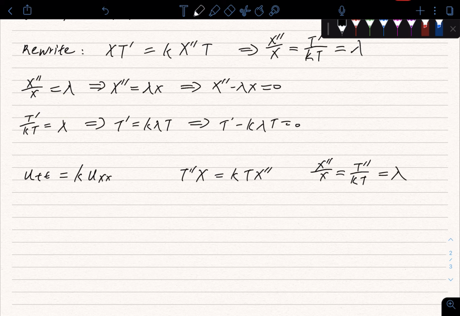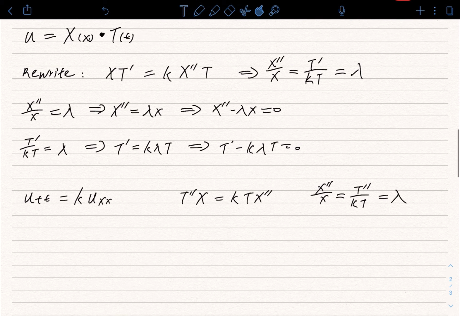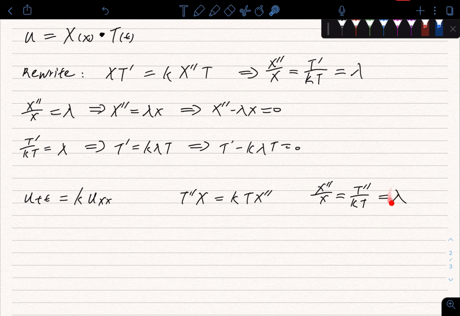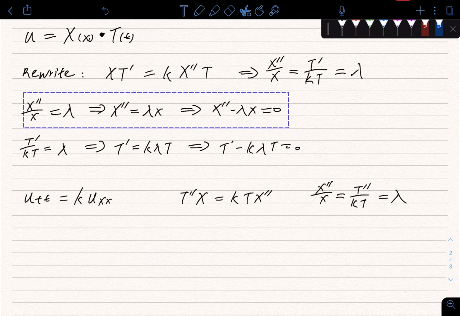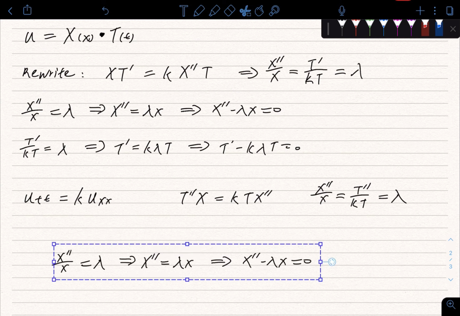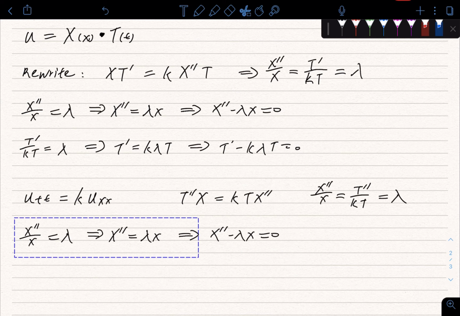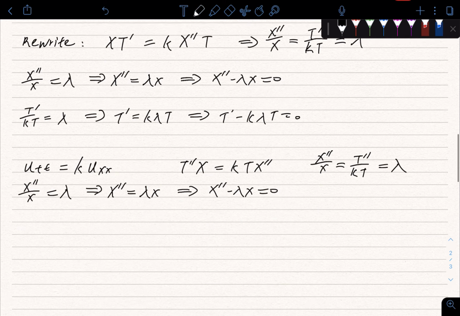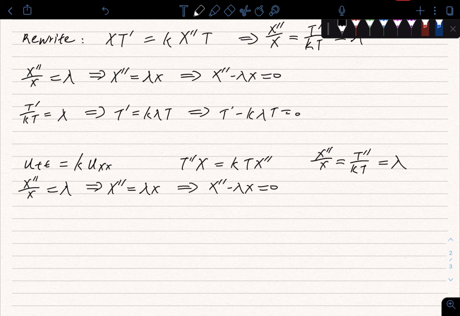You might have noticed that it's the same thing as what we just did before, so we're just going to copy and paste to save some time. For T it's a little bit different.